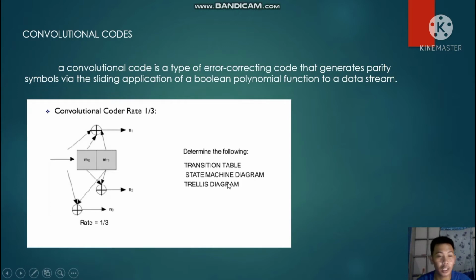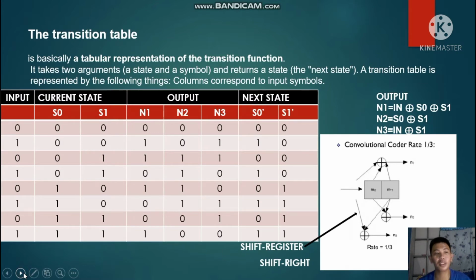So out of this diagram, we will determine the following. So the transition table. Transition table is basically a tabular representation of the transition function. It takes two arguments, a state and a symbol, and returns a state, the next state. A transition table is represented by the following things.